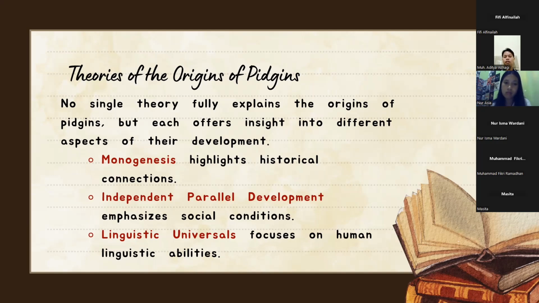The independent parallel development theory explains how similar social conditions led to the creation of Pidgins in different regions, while the linguistic universals theory highlights the natural human tendency to simplify language in certain situations. Together, these theories help us understand the fascinating evolution of Pidgins.